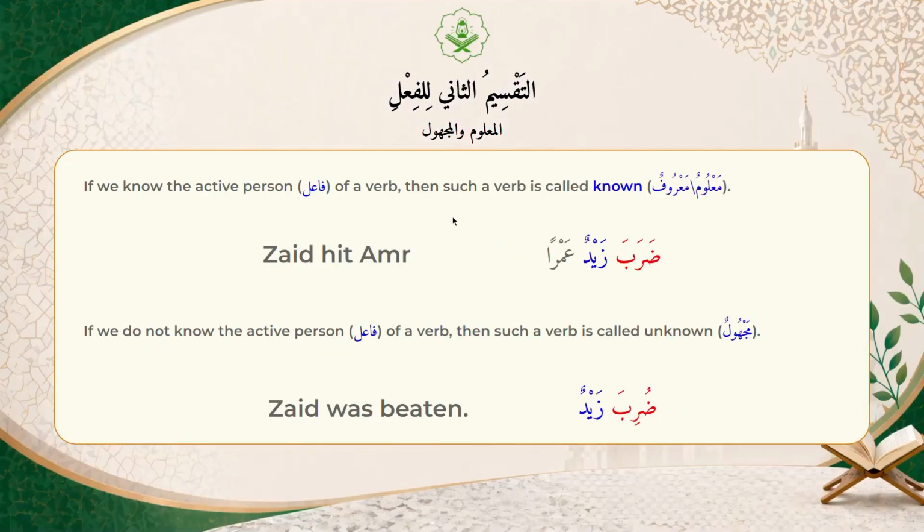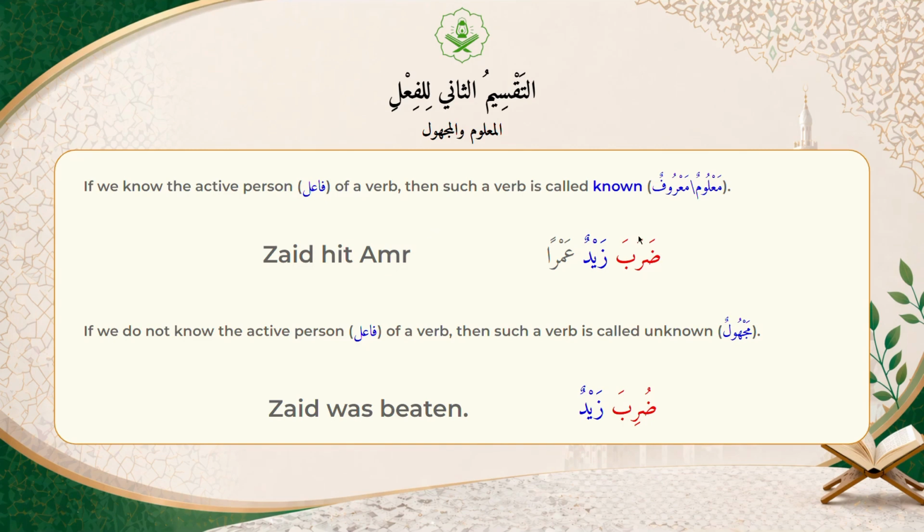The second classification is al-ma'lum and majhul. What is ma'lum? Ma'lum is also called ma'ruf. It is when we know the active person of the verb. The active person is called fa'il, basically the one who's performing the action of a verb.